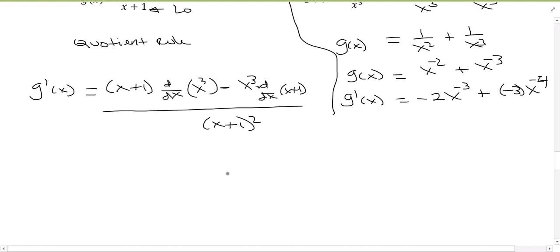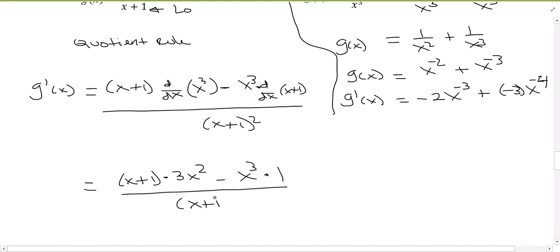And you simplify, or in this case, actually take the derivative. The derivative of x cubed is 3x squared, and here the x cubed stays the same, and the derivative of x plus 1 is just 1 plus 0. The derivative of x is 1, the derivative of 1 is 0, so times 1, all over x plus 1 quantity squared.